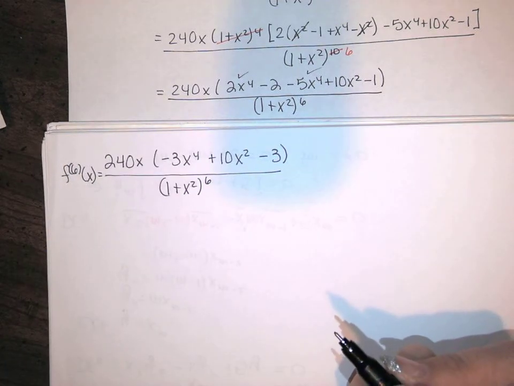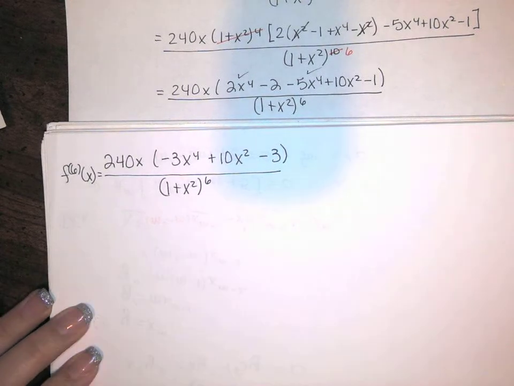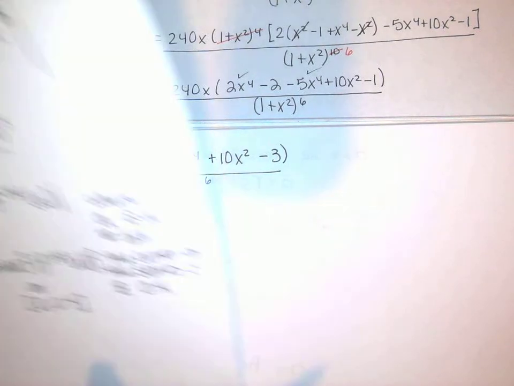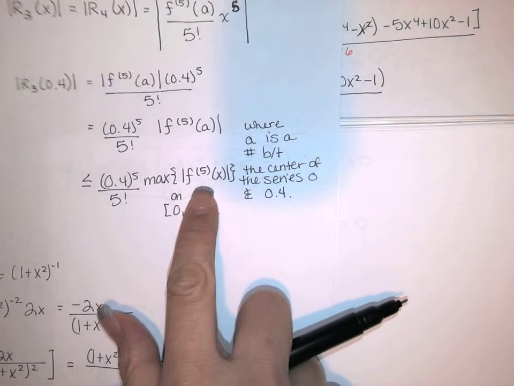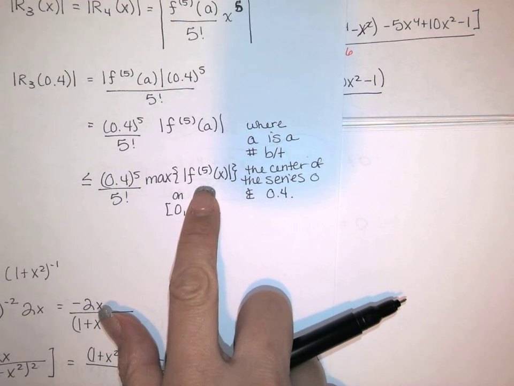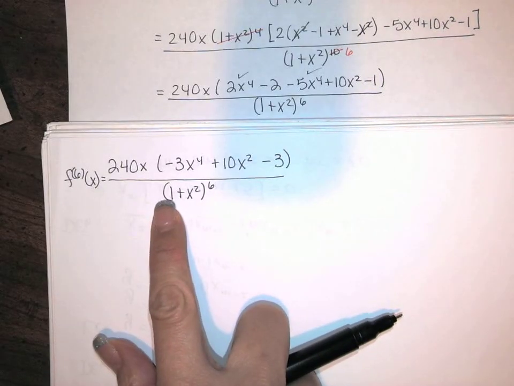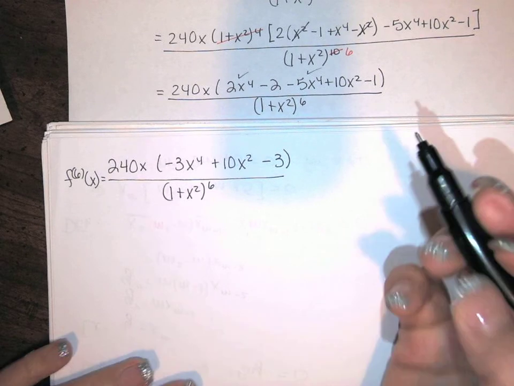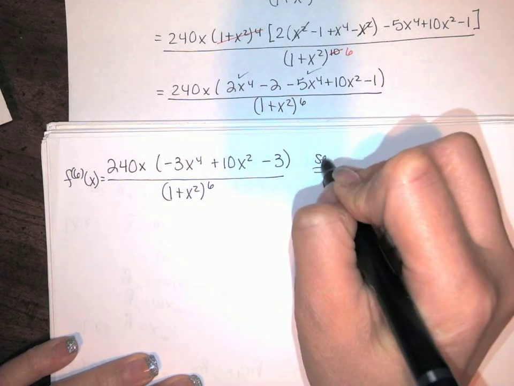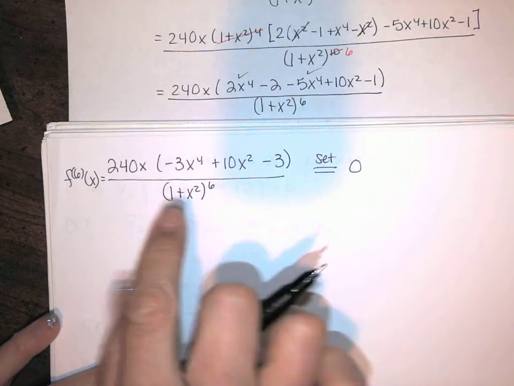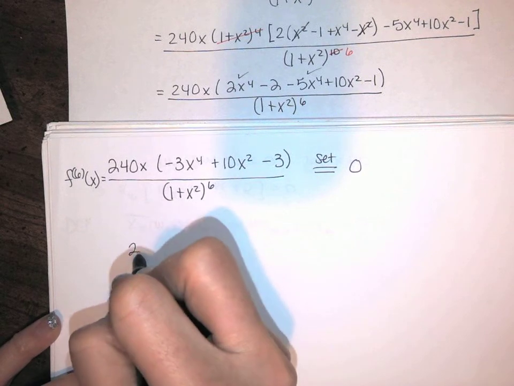Now to find the critical values of the 5th derivative of f, I need to take its derivative, that's the 6th derivative, set that equal to 0, and then solve for x. Now if I set this equal to 0, the only way that's 0 is if the numerator is 0.